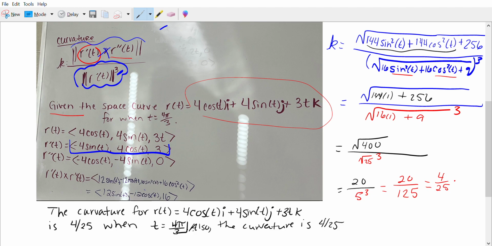So we could say the curvature is 4 over 25 at every point, since the curve is changing direction at the same rate at every point.